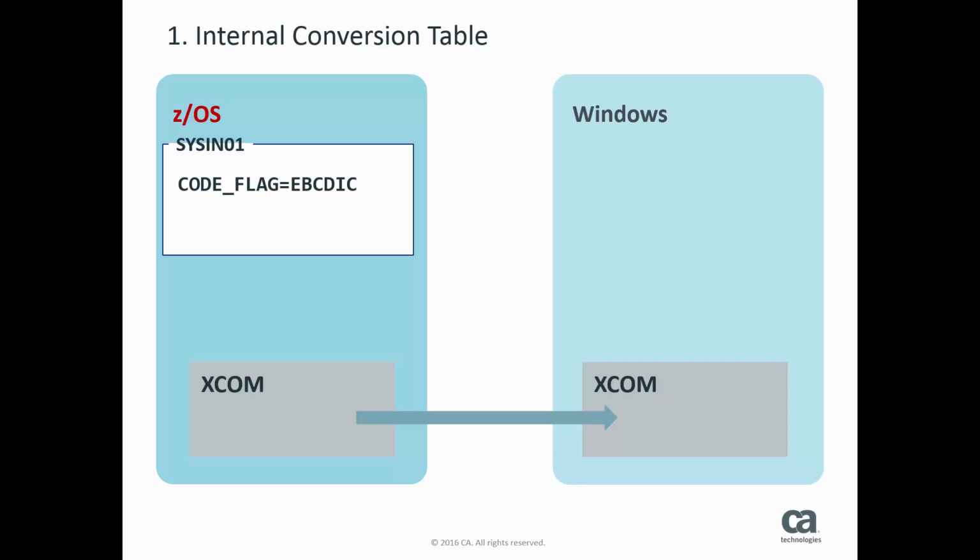If we do not specify any code table prefix, XCOM uses the internal conversion table on the ASCII side of the transfer when internal conversion tables equals yes is coded. When internal conversion tables equals no is coded, E2A.tab or A2E.tab are used.